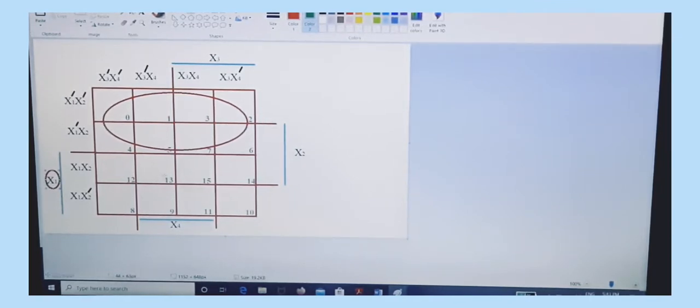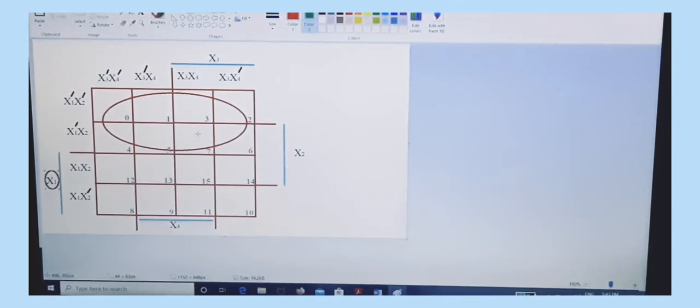These 8 cells are corresponding to x1. Therefore, the remaining 8 cells are correspond to x1 complement. Therefore, these 8 cells correspond to simply x1 dash. Okay.